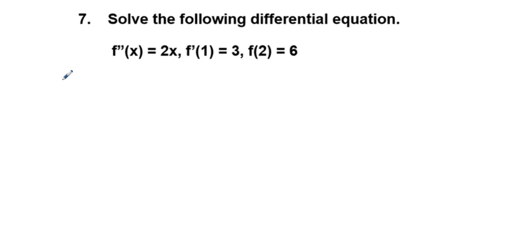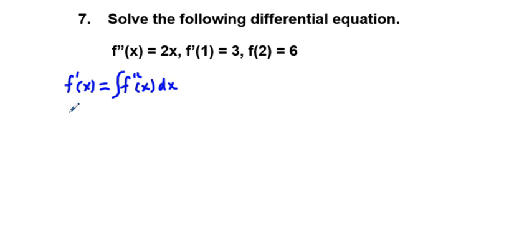All right, the first thing we need to realize is that f prime of x is going to be equal to the integral of f double prime of x dx. And we are given f double prime of x, which is 2x.